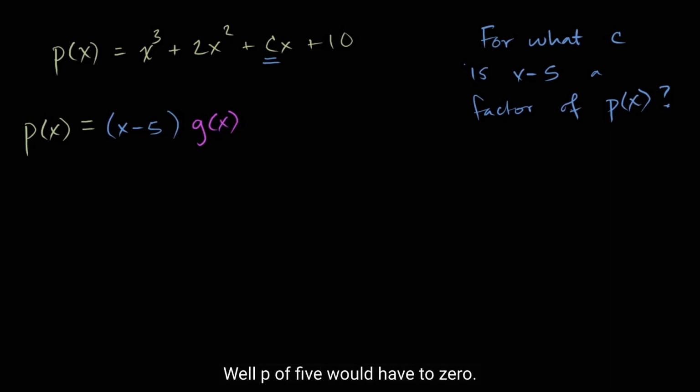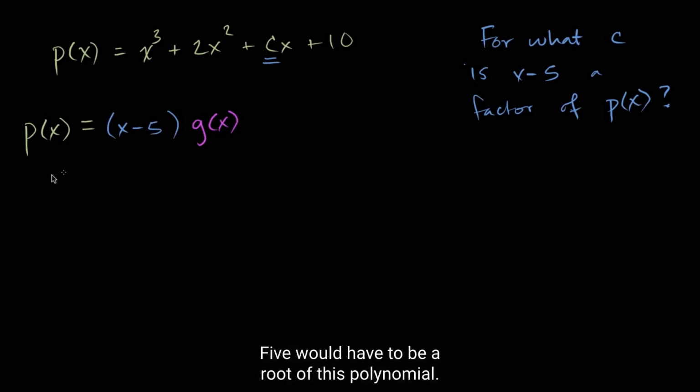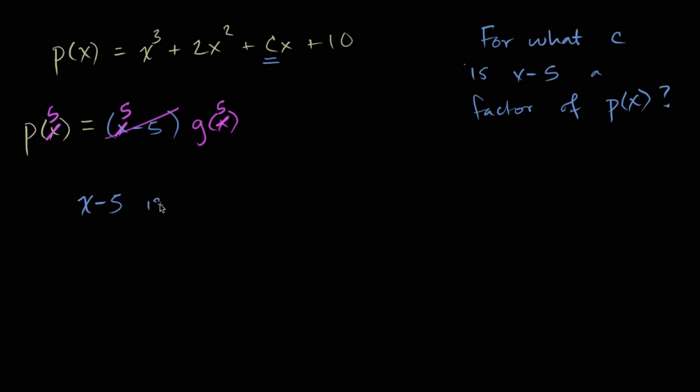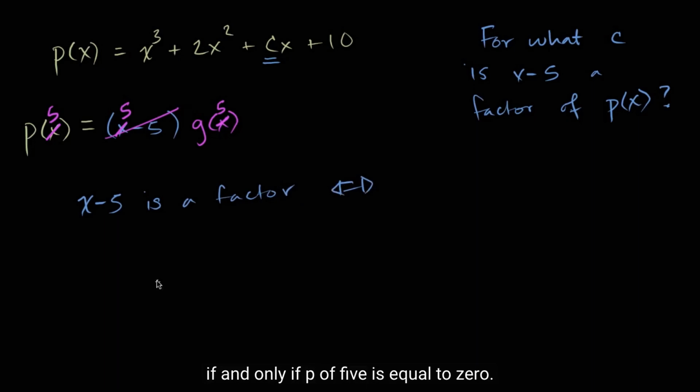Well, p of 5 would have to be 0. 5 would have to be a root of this polynomial. If you replace x with a 5, it doesn't matter what g of 5 is, this is going to be 0. So x minus 5 is a factor if and only if p of 5 is equal to 0.